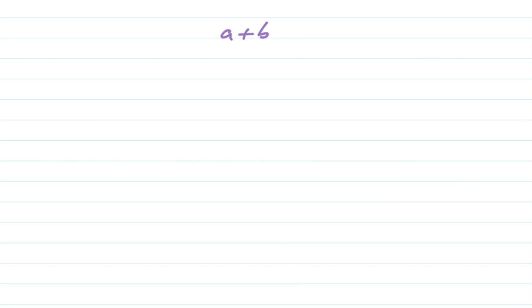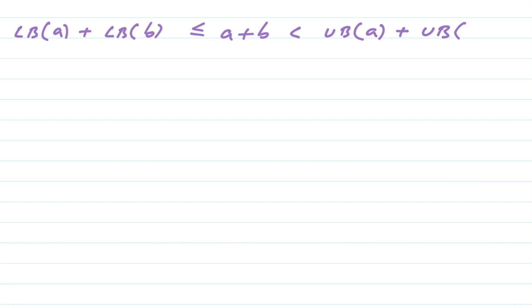A plus B. The lower bound would be the lower bound of A plus the lower bound of B, and for the upper bound it's going to be the upper bound of A plus the upper bound of B. So the lower bound of A, which is 5.55, plus the lower bound of B, which is 24.05.